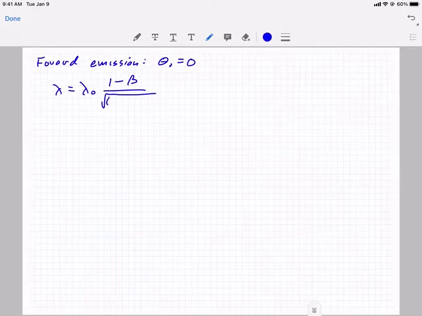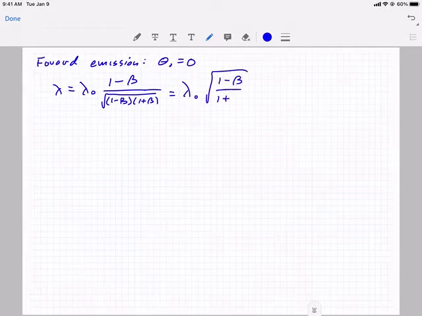It actually factors into a 1 minus beta and a 1 plus beta. And so you can see that the 1 minus beta in the square root will give me the expression with the whole thing under a square root of 1 minus beta over 1 plus beta. Okay? And so that is the blue shift that is caused by having the receiver in the direction of motion.